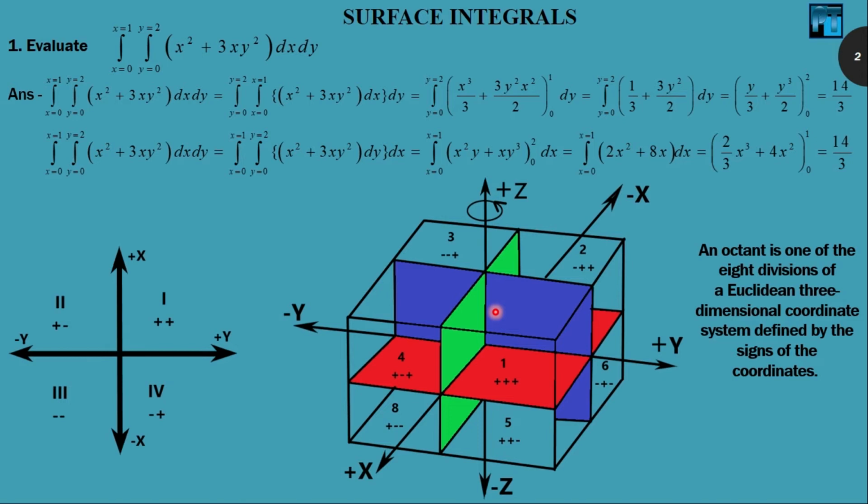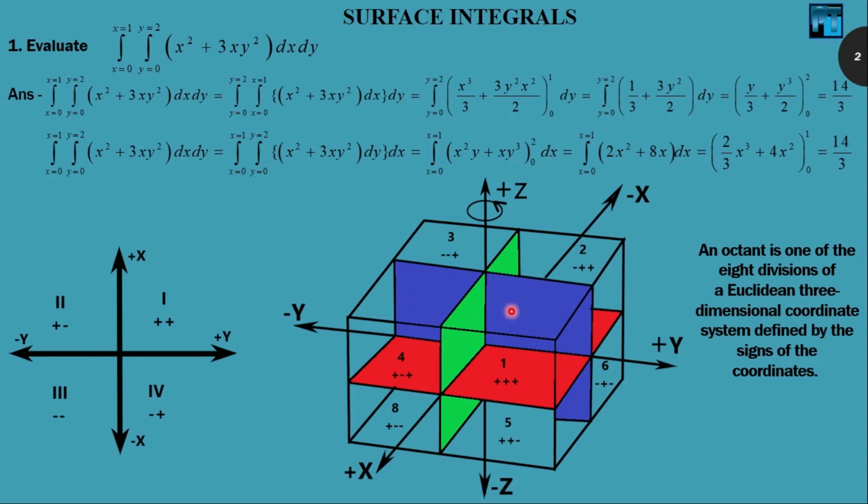So we have 8 octants because the center of the sphere is O. So we have plus Z, minus Z, plus X, minus X, plus Y and minus Y. So if there is any mathematics covering the whole surface of the sphere, then we have to work with the 8 octants. And for surface integrals, we deal with the projections.